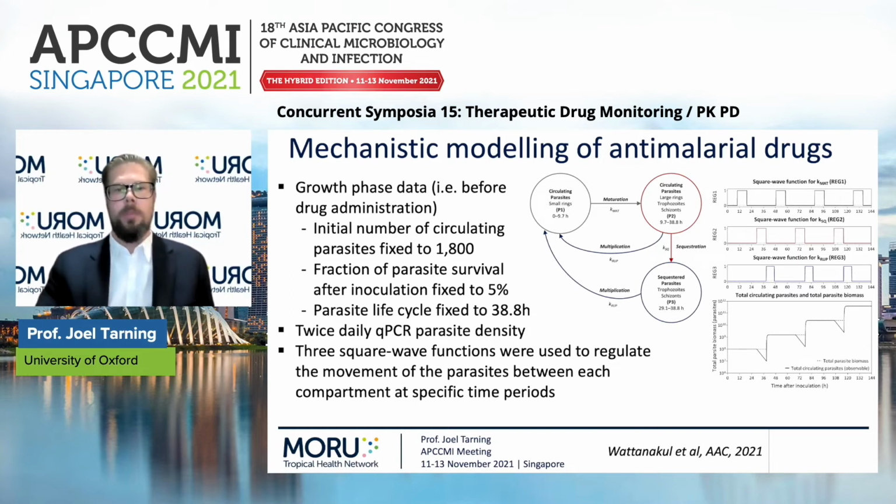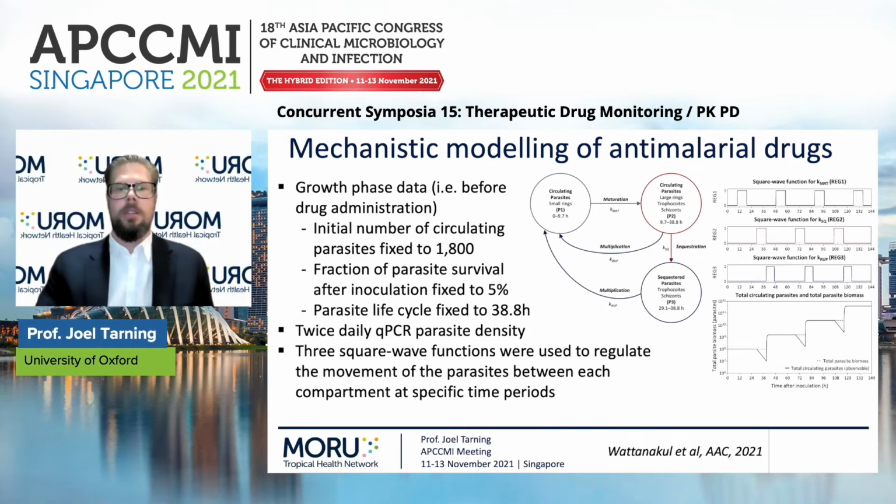We had a compartment for circulating parasites, which was between 0 and 10 hours, consisting of small rings. These then mature to form large rings, trophozoites and schizonts, between 10 hours and the end of the life cycle, 38.8 hours. And these two compartments are circulating parasites. This is what we see in the blood. But we also allowed for sequestration to occur.